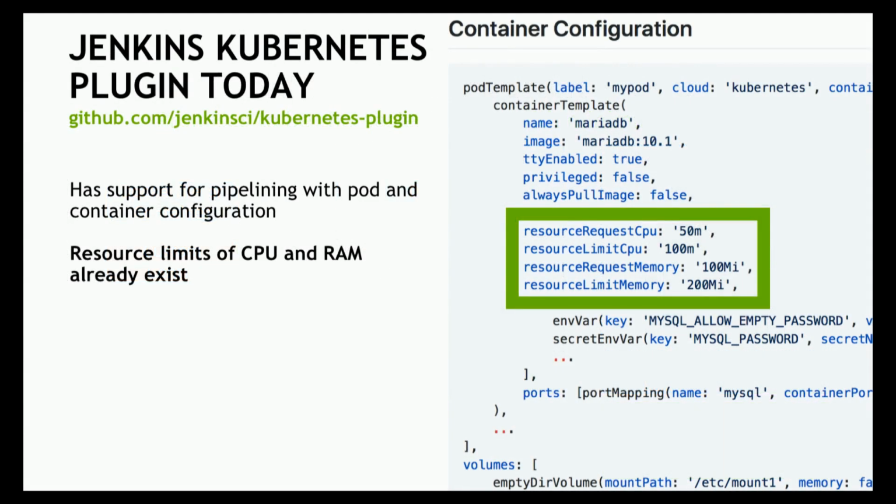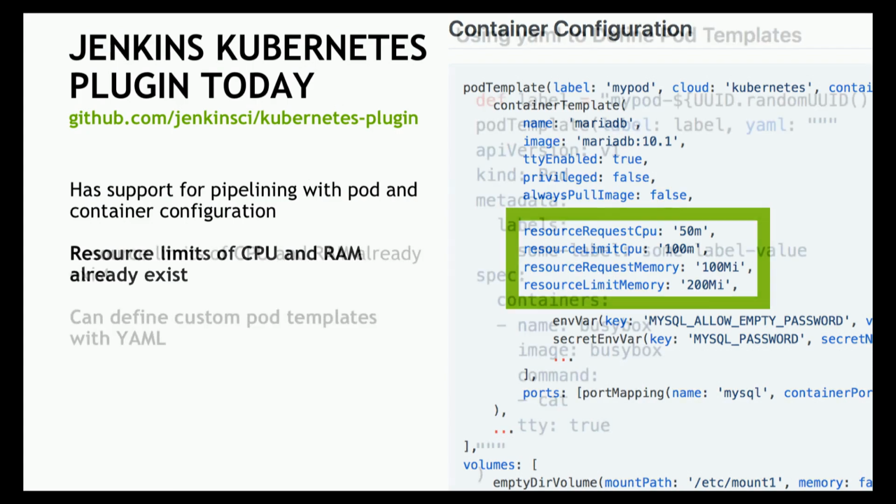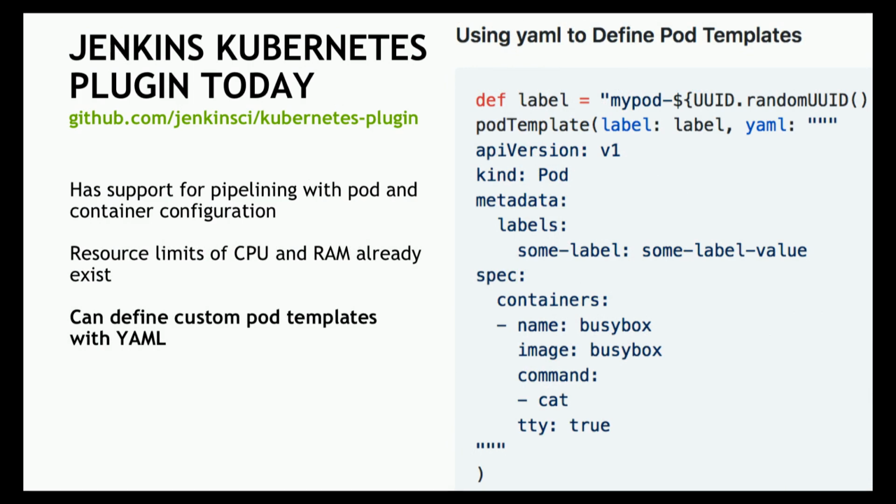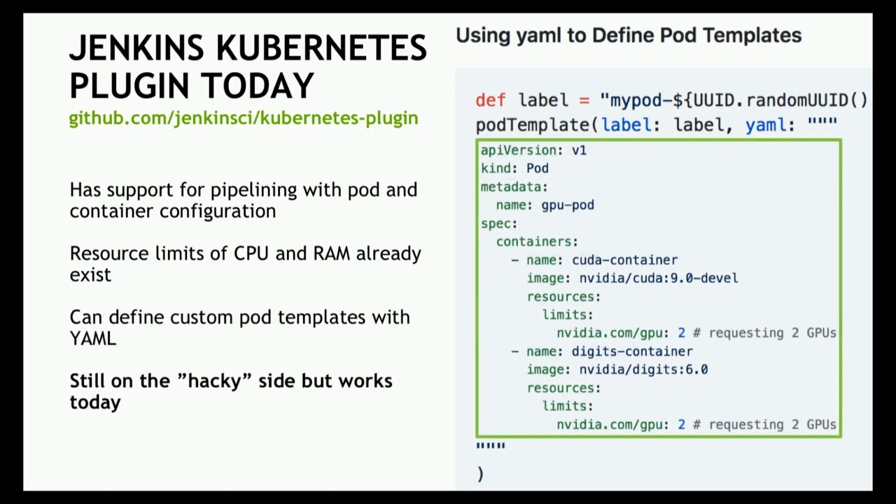So where are we at today on the Jenkins side? Right now you can do limits around CPU and memory, but nothing around GPUs. You can define custom YAML pod templates, and in here is where you can paste in what we saw earlier, that test of the CUDA container with CUDA devel, and also the digits container.